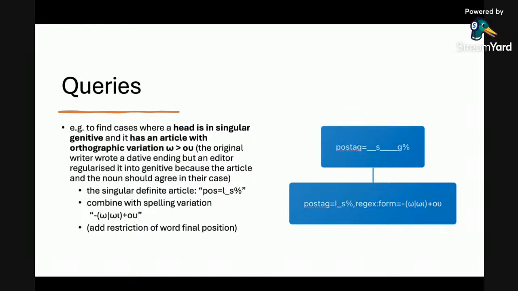We could also add here the restriction of the word final position if we think that is useful. So you can have many different things in the query, and you can build as complex a tree as you would wish. But of course, often simple queries can also do quite a lot.